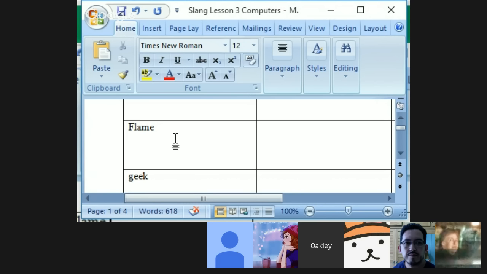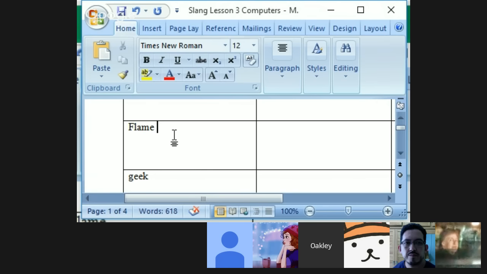Yeah, candle, match, fireplace. Right, a fire. Okay. All right. What is flame in slang or related to computers and the internet? I don't know. It's the first time I hear flame on computer.